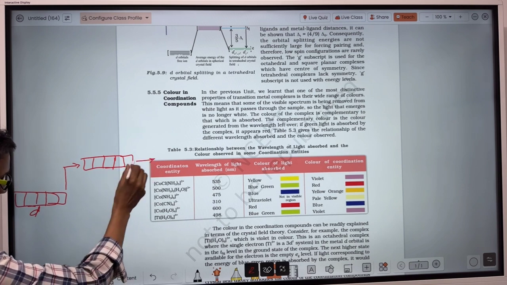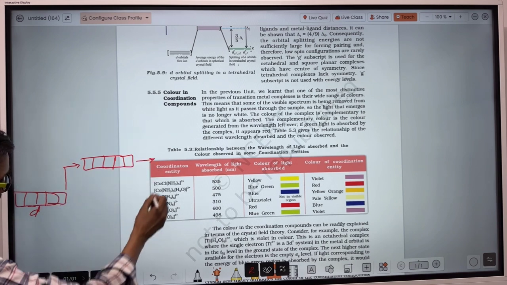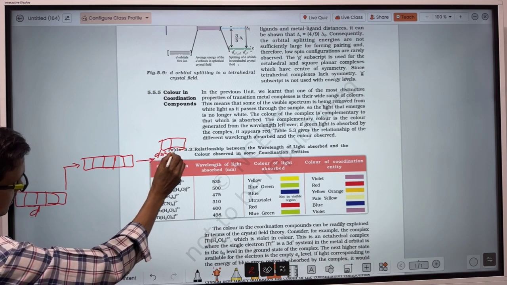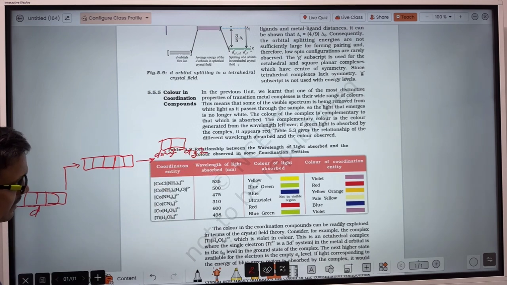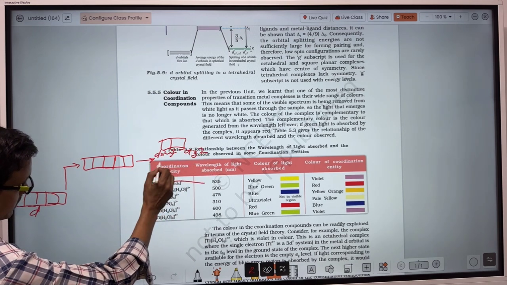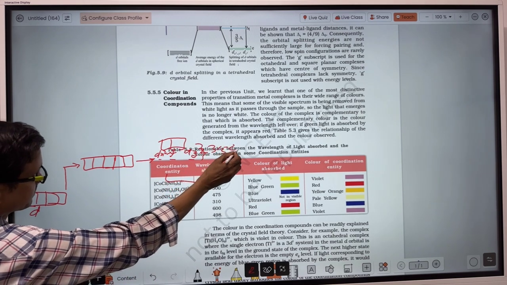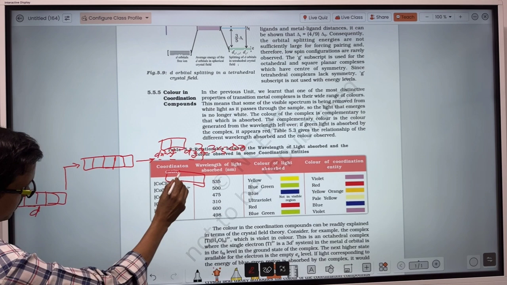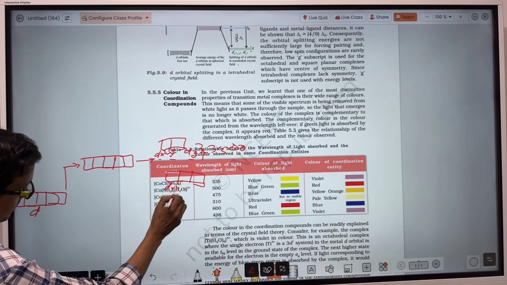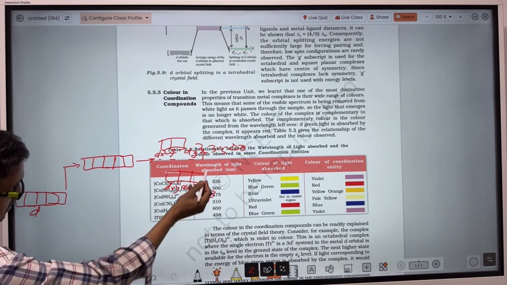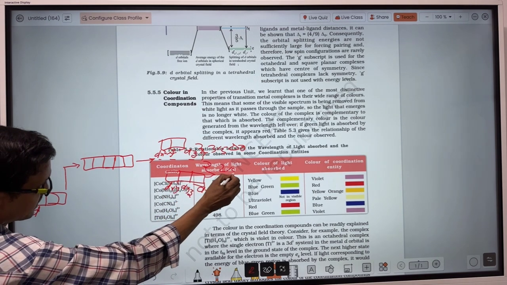Then the degeneracy is not maintained, so the energy of dx square minus y square and dz square has increased by 3 by 5 delta O, and the energy of dxy, dyz and dxz has decreased by 2 by 5 delta O.